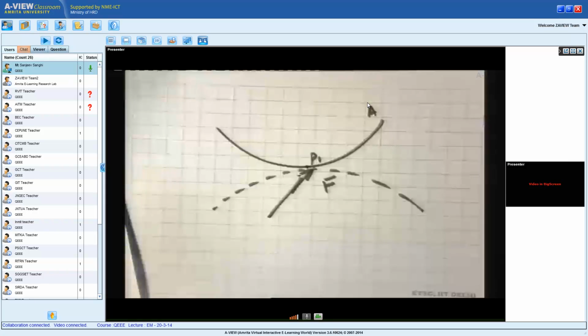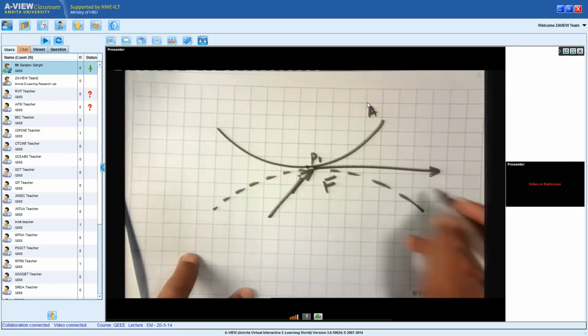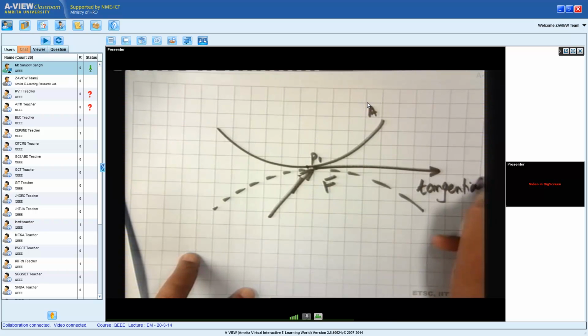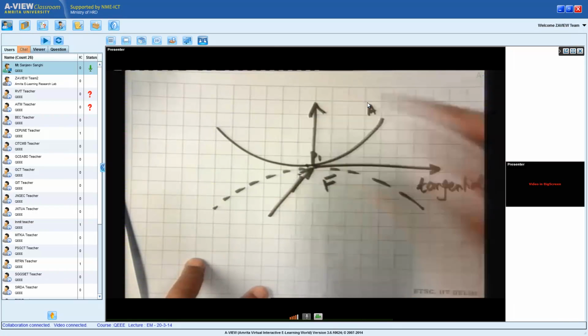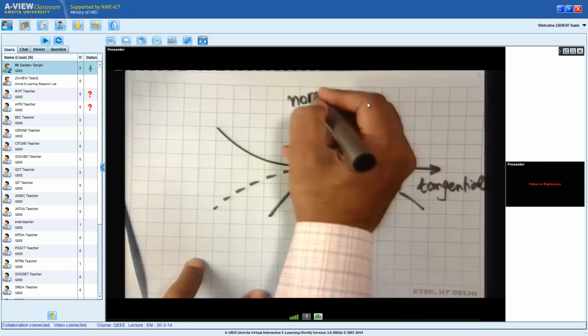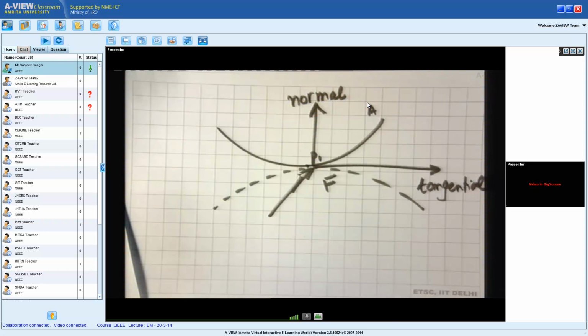Now what we do is, on this body of contact, this direction is what we term as the tangential direction, and the direction perpendicular to this is the normal direction. Is that clear? So first of all, we define our directions like this.